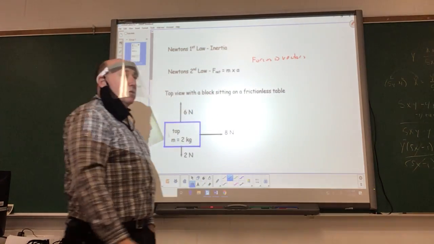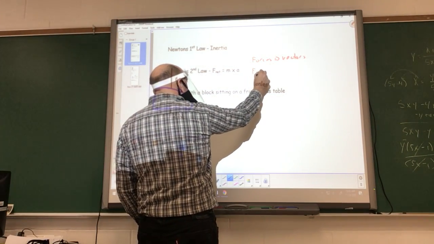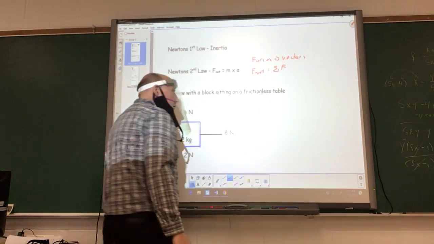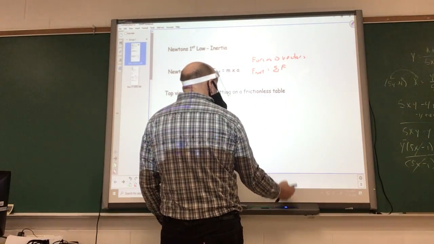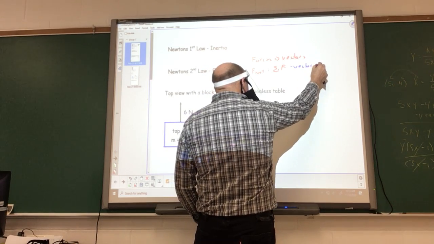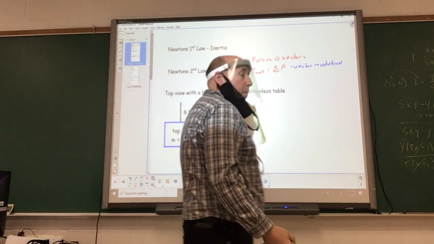So you're dealing with vectors. When we're dealing with this net force, this is the sum of all the forces, which means you may have to do vector resolution, sometimes.